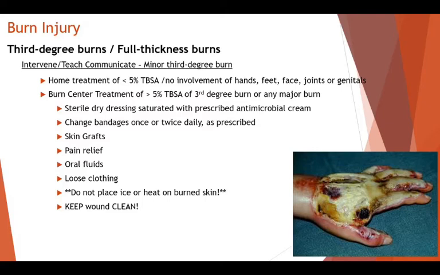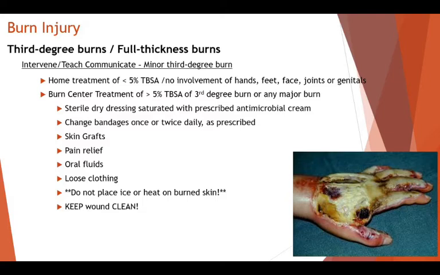So even a small piece, and probably the most common, it's not really a third-degree burn, but a full thickness injury, would be if they remove a piece for a melanoma. Some of those require skin grafting as well. Third-degree burns do not heal well because there's not a good wound bed left to granulate tissue on.